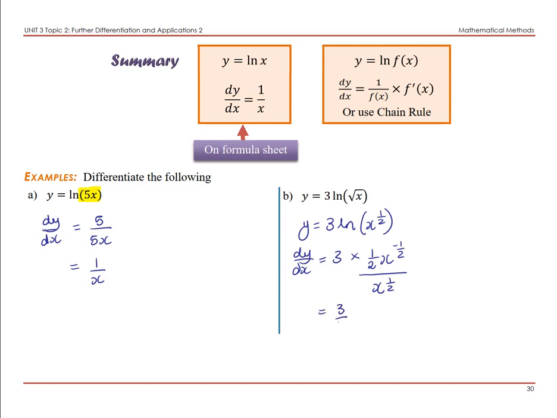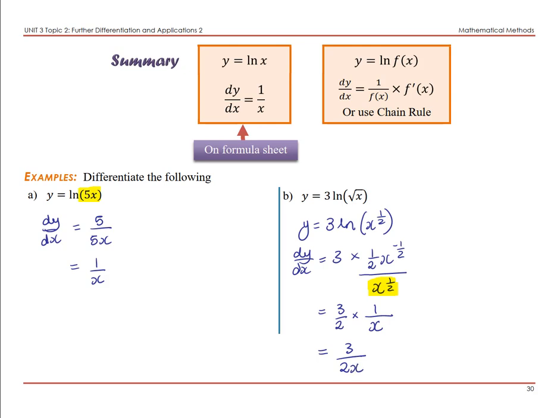So now we have 3 over 2, x to the negative a half divided by x to the half. Your highest power is at the bottom, so that's where it's going to stay. 1 half take negative a half is 1 half plus a half, which is a whole. So you have 3 over 2x.